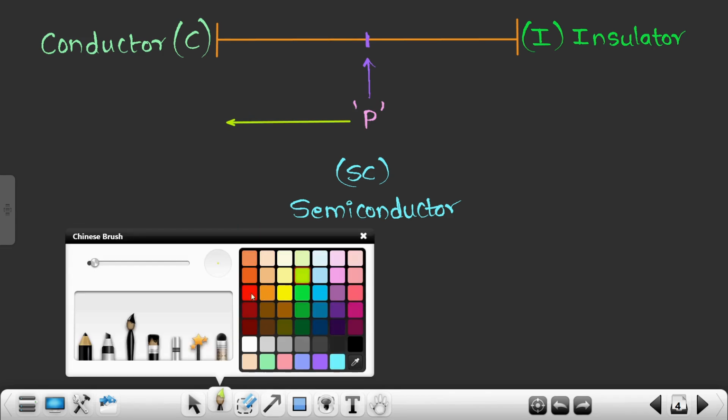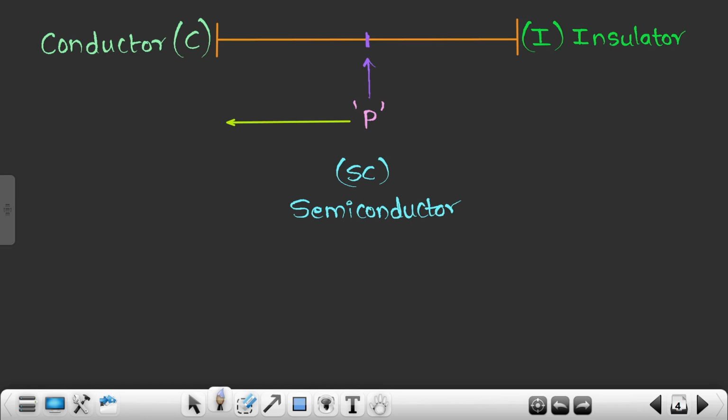Just a second, let me take some different color. Maybe I will go with this one. Yeah, okay, so what I see is that the insulating property of the semiconductor decays, or decreases, whereas the conductivity property of the semiconductor increases. I hope you are able to understand this.